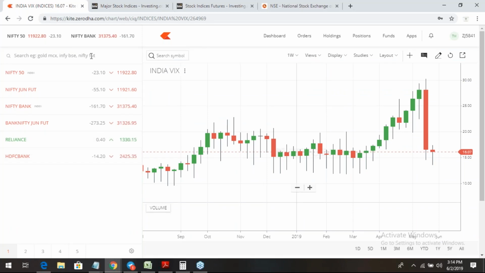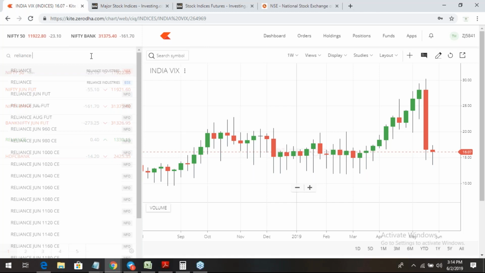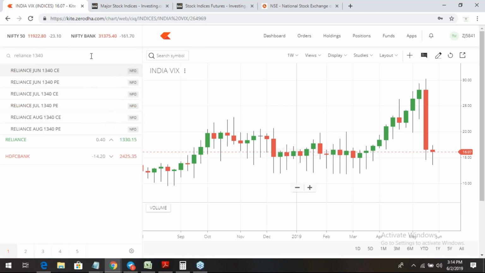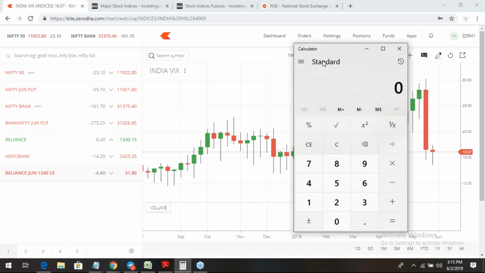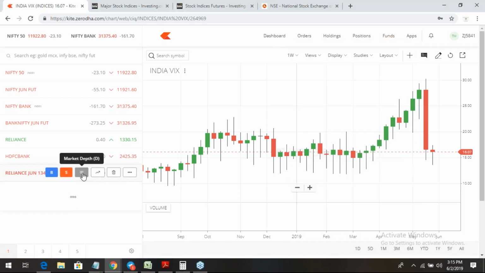If you are buying 3050 or 3060, Reliance 3040 call for example, 10 points away, what is the price? See, the price is 31. So 31 into 500, 15,500.